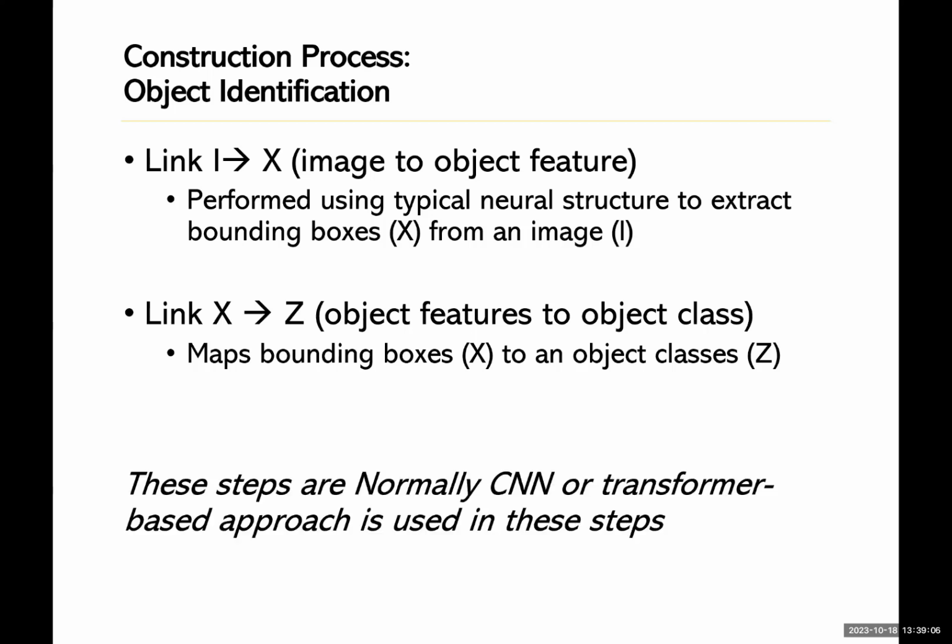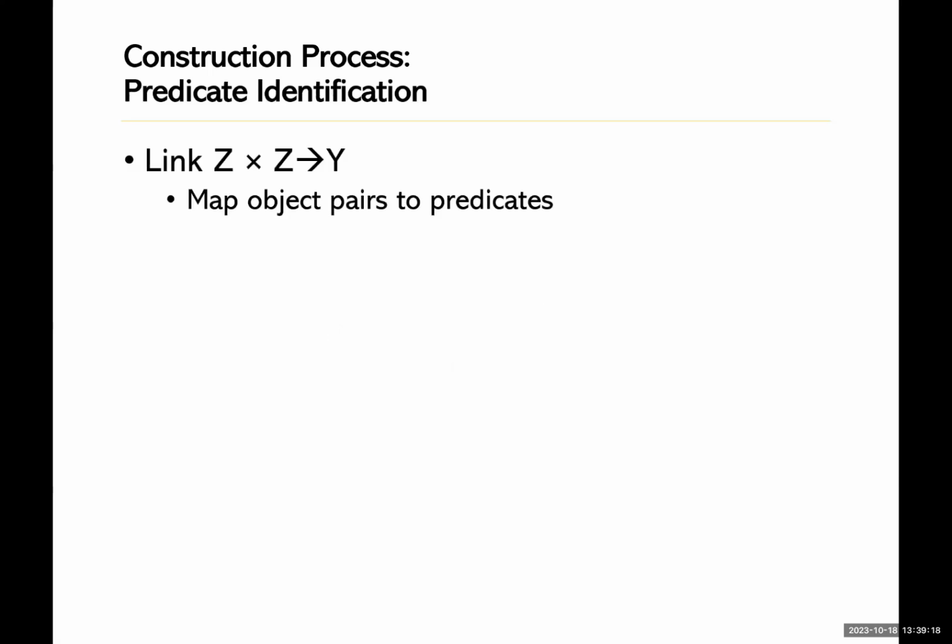And so far, these are pretty straightforward and nothing special. Pretty much any business problem, you're seeing this. So next is the predicate classification. The first is looking at pairs of objects and inferring the predicate.